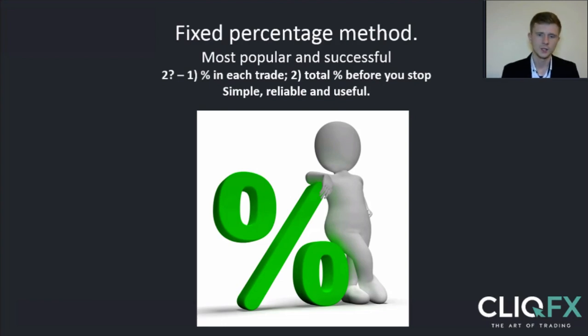And the second question you have to ask yourself is how much in general I'm ready to lose from this deposit. After that, I will stop my trading, and I will try to find why I'm not successful. For example, let's say 1% in each trade you're risking, and 20% of the deposit, or like 15%, you are ready to lose in general before you stop.